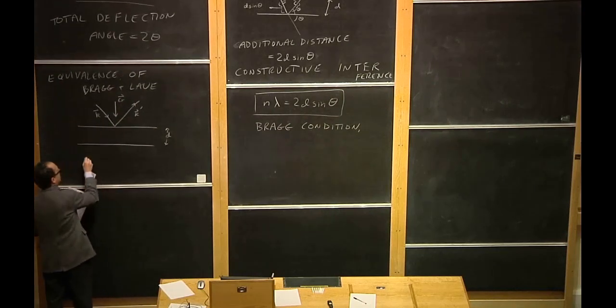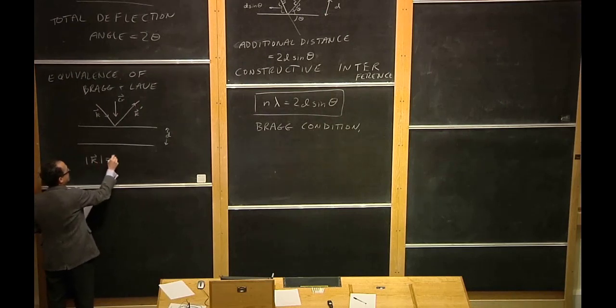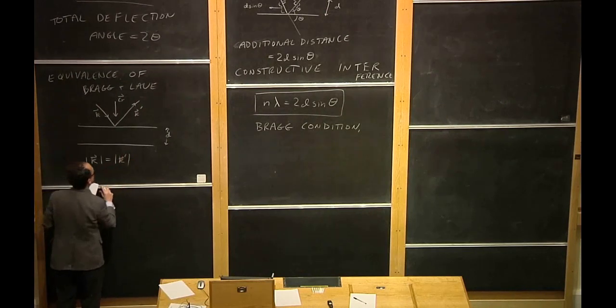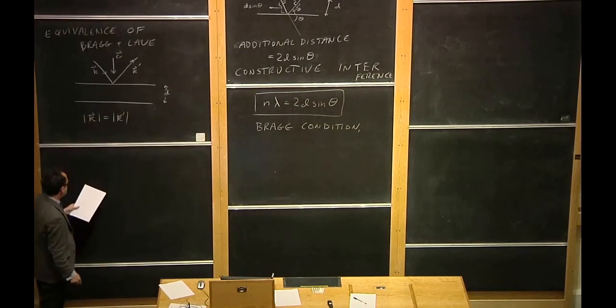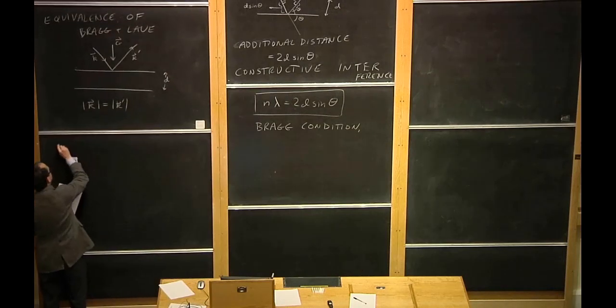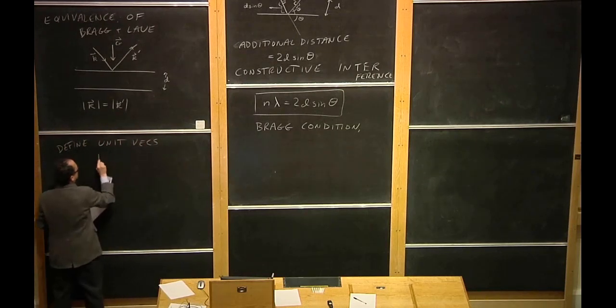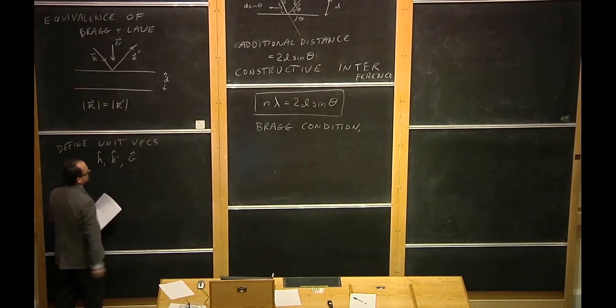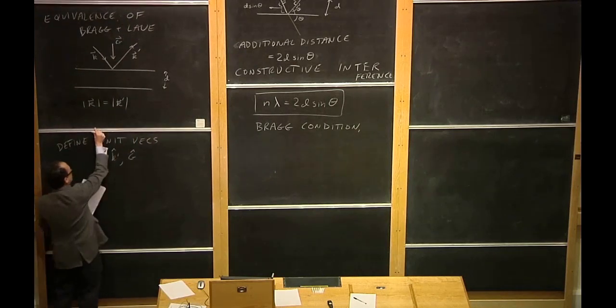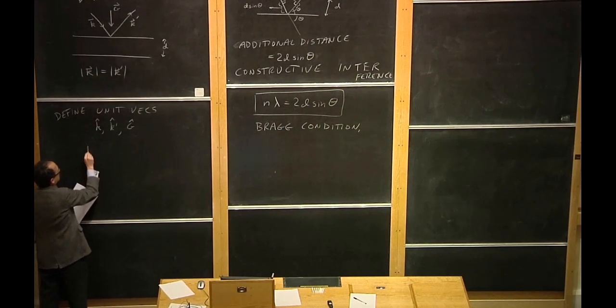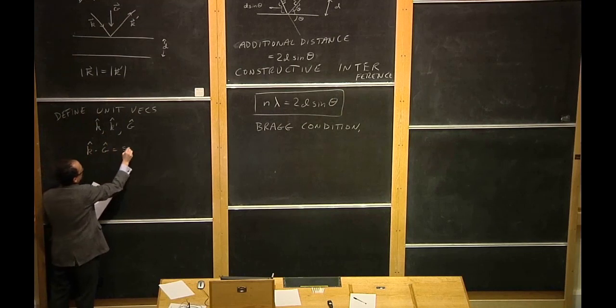Since we have elastic scattering, the magnitude of k and the magnitude of k prime are the same, and let's define some unit vectors, k hat, k prime hat, and g hat, to be pointing in the appropriate directions. And then with a little bit of geometry, k hat dot g hat equals sine theta.